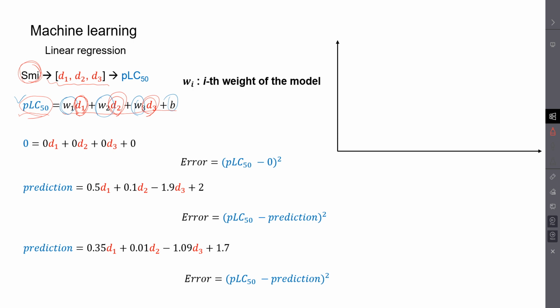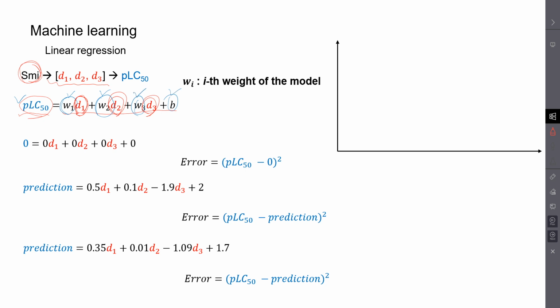In the blue circle, weight 1, 2, 3, and B. And what machine learning does is it finds the best values for these weights and bias.